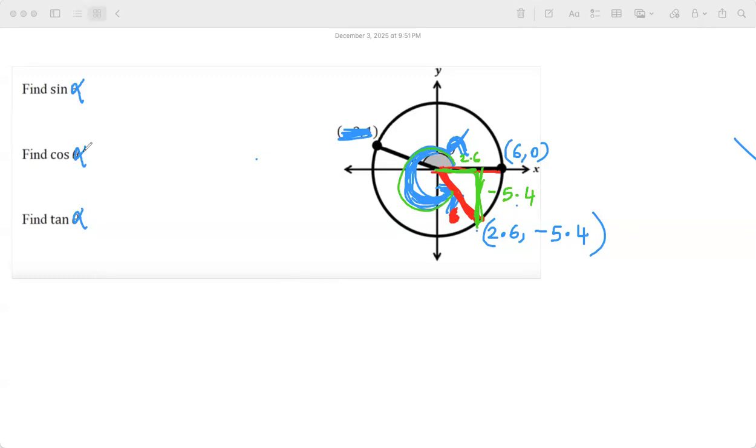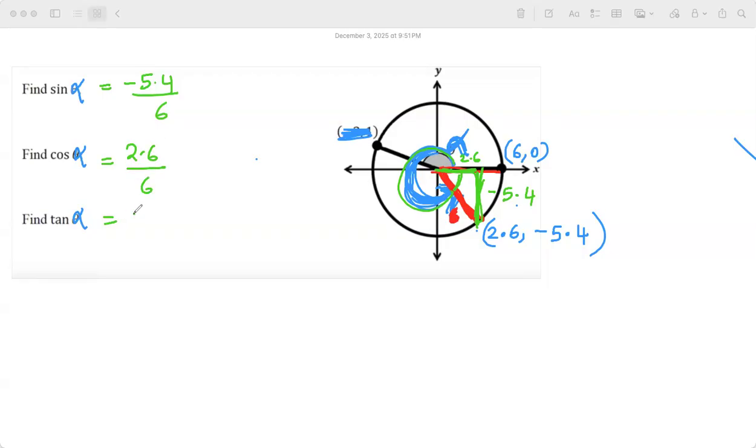Sin alpha is what? See, that angle is the same as negative of this angle, right? So sin alpha will be equal to opposite by hypotenuse. Cos alpha will be equal to adjacent by hypotenuse.